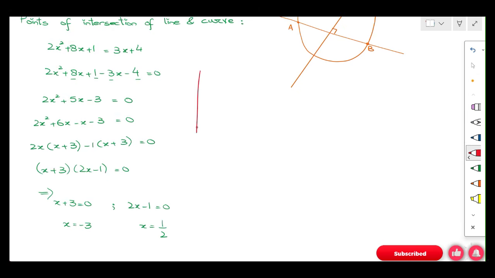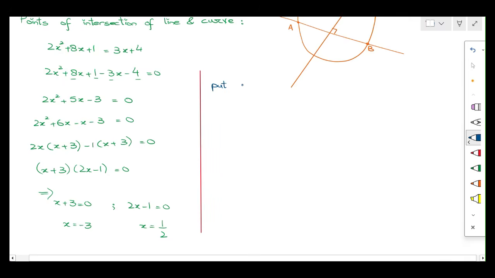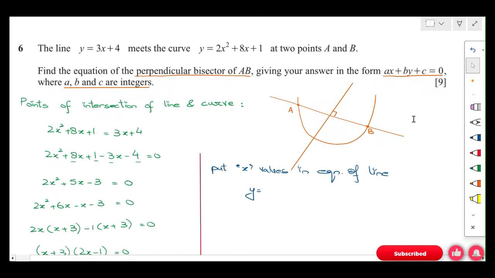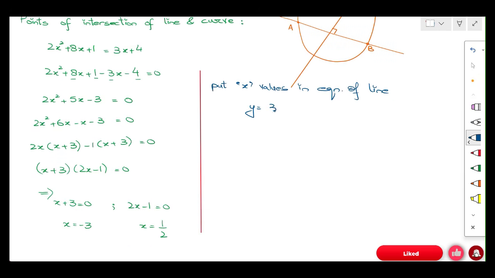So here we can say put x values in the equation of the line y equals 3x plus 4.